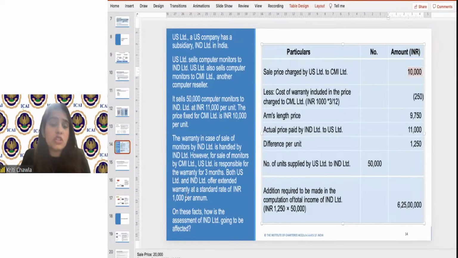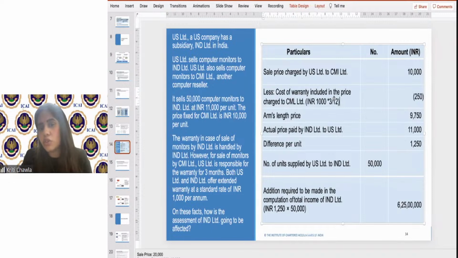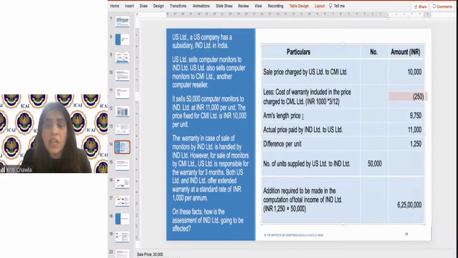The cost of warranty is 1,000 rupees, and we'll have to adjust this. So less cost of warranty, which is 1,000 rupees, and this is only for 3 months. So multiplied by 3 divided by 12, for 3 months it's going to be 250 rupees. So the arm's length price should have been 9,750.